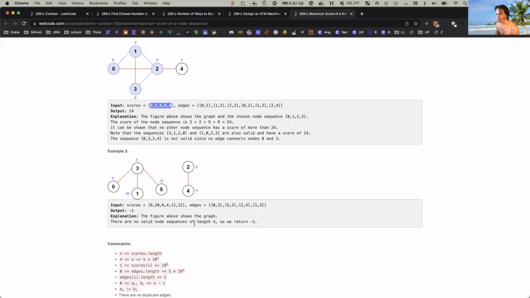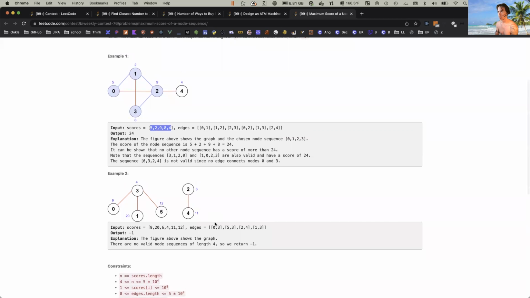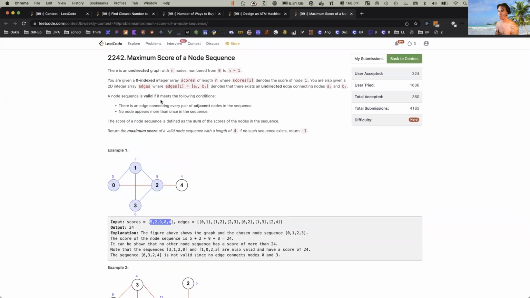There are no valid node sequences of length 4, so return -1. There's an edge connecting every pair of adjacent nodes in the sequence, so those are not adjacent. 0 and 3 are not adjacent.